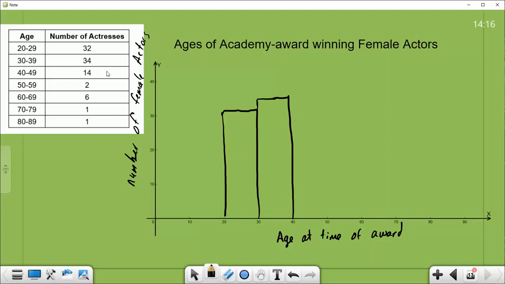And then we're going to drop down to 14, which is right about here. And then 2, so roughly this big. Right, because if you go halfway, that's 5. That's like 2.5. So just a little below that. And then 1 and 1.